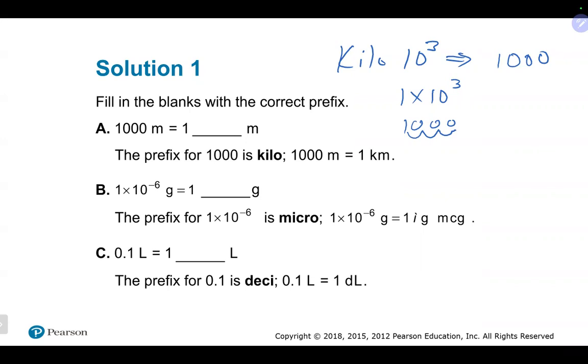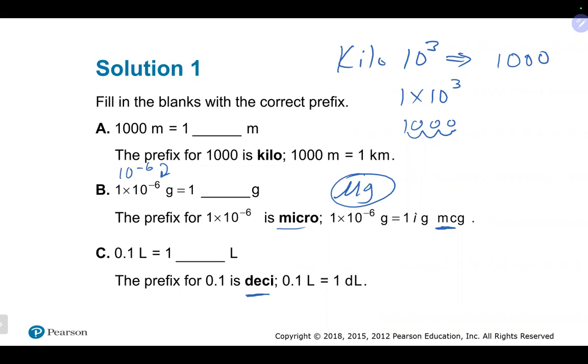1 times 10 to the minus 6 grams is a micro, and that's on that chart as 10 to the minus 6, which is the same thing as a microgram. I think your book uses a weird symbol for micrograms, but most people use this symbol. It kind of looks like a U, and that's usually what most people use for a microgram. 0.1 liters is 1 deciliter, and that would be deci in that case, which is 10 to the minus 1.